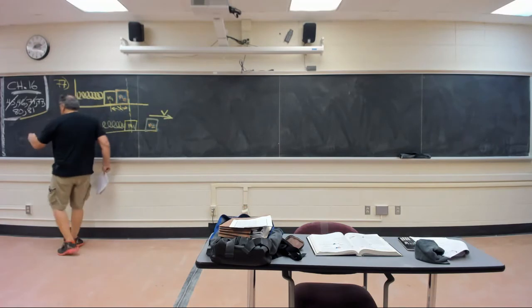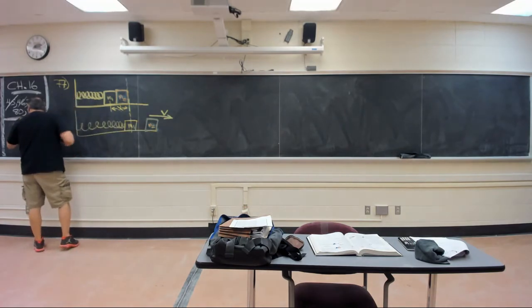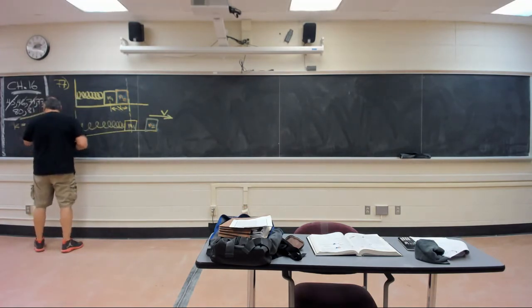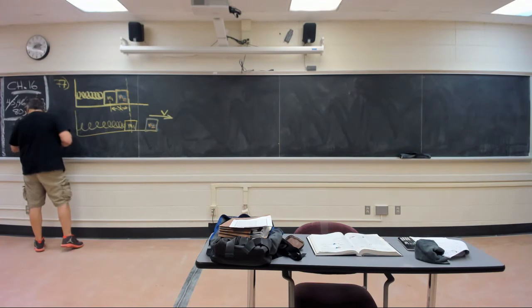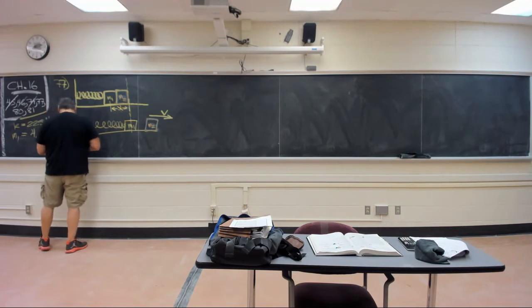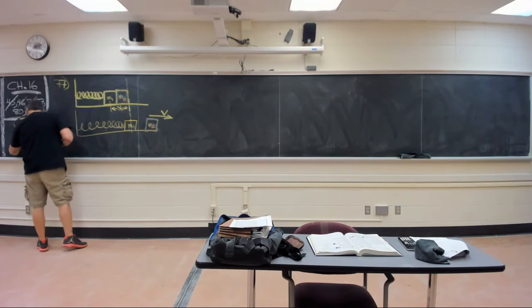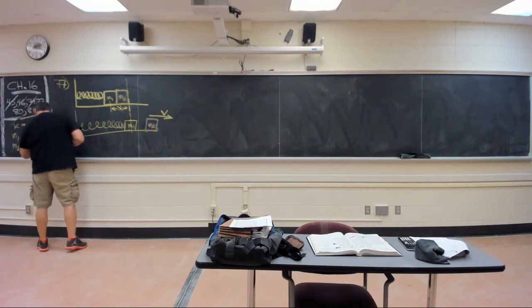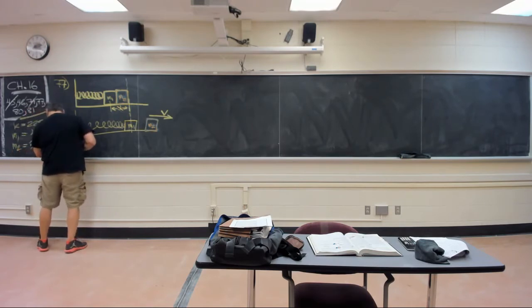They're telling us K is 225 newtons per meter. M1 is 0.450 kilograms. M2 is 3.00 kilograms.